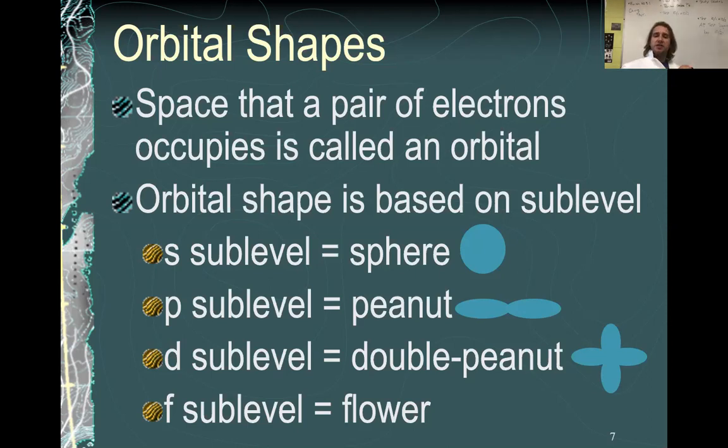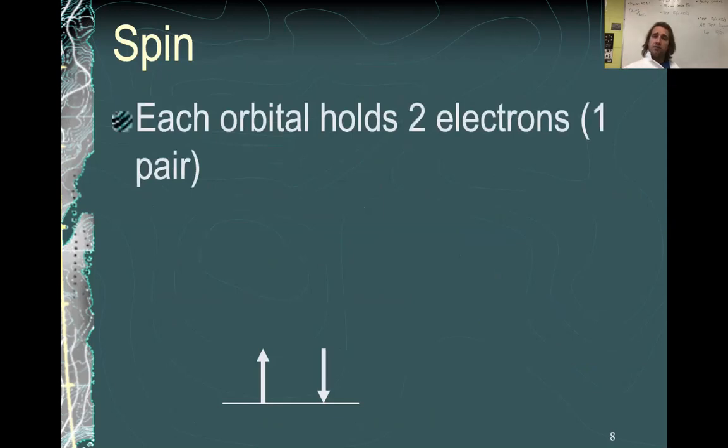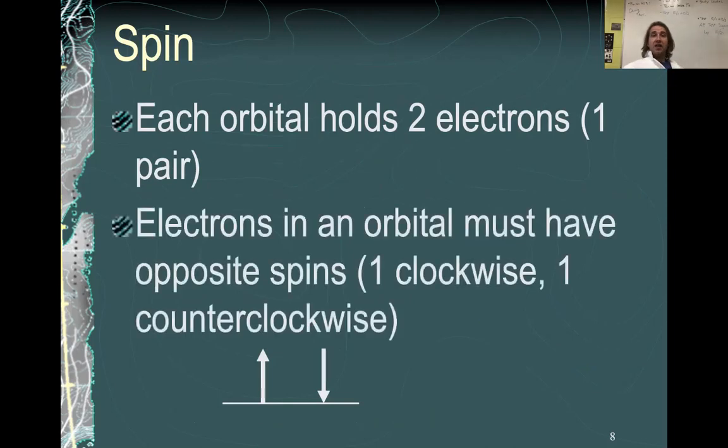And finally, we get to our spin. The last part of our address for electrons is the spin. Each orbital can hold 2 electrons, or a pair of electrons. Now we need to know which one is which. The way we tell them apart is with their spin. Electrons in an orbital have to have opposite spins.